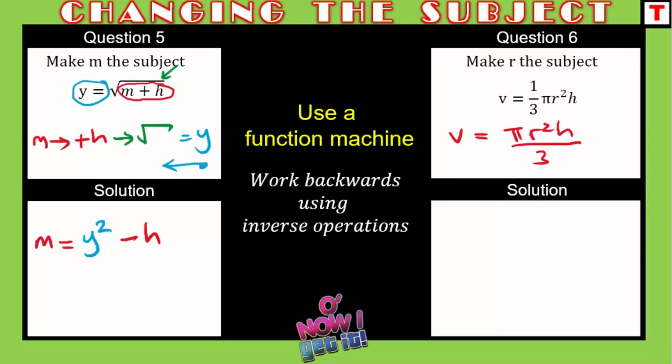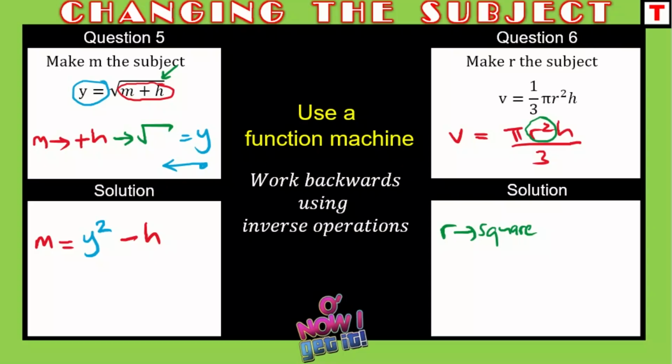This is making it appear a lot simpler for me to be working with, because I can now see what is really taking place with r. So we're trying to make r the subject. And we can see again, this is where r is. So r is being squared at the moment. Then pi is just a number, and a number beside the letter h. That means multiplication is taking place.